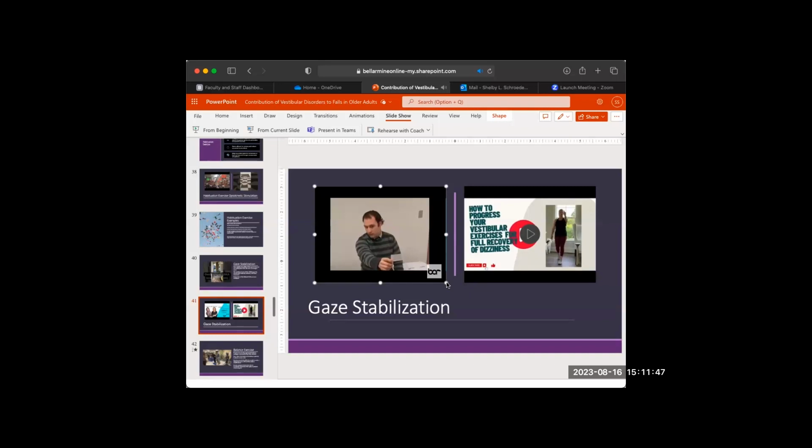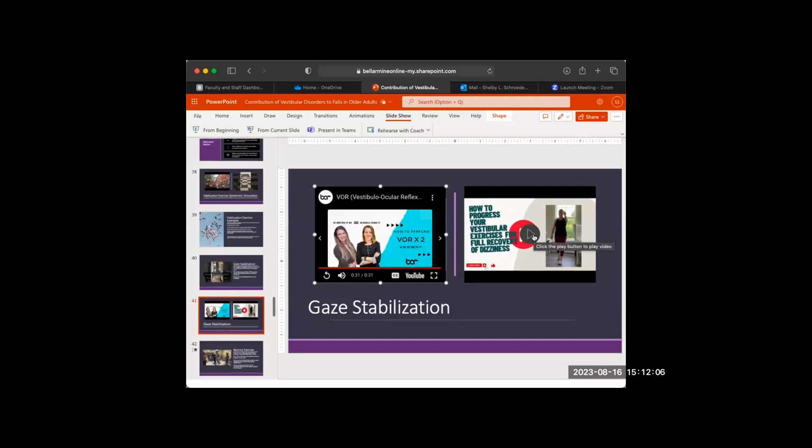The patient is trying to maintain gaze stability during the exercise. So they're looking at either a dot or a word, and they're trying to keep it in focus as they move their head as fast as they can while keeping their eyes stable. And they're working up to a point of moderate dizziness, not severe dizziness.